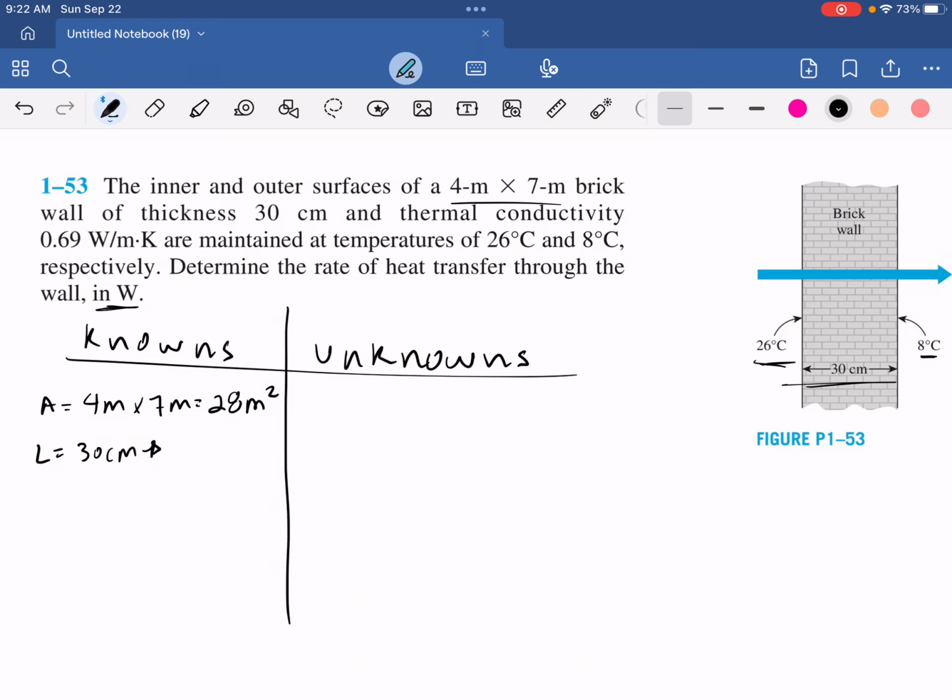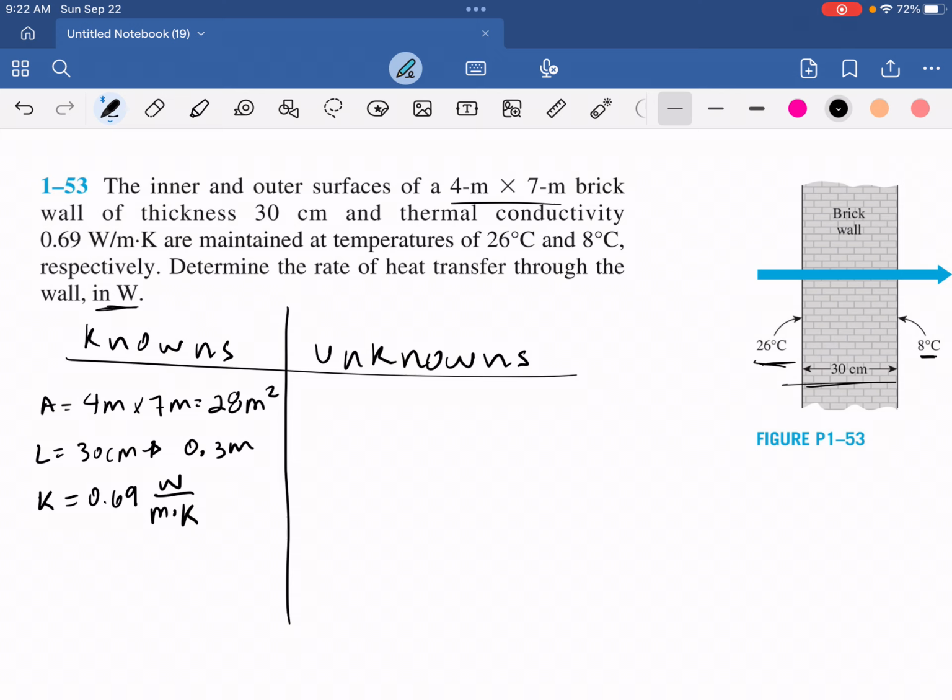So I just divide by 100, which gives me 0.3 meters. Next thing that I'm given is the thermal conductivity, which is equal to 0.69 watts divided by meters kelvin.